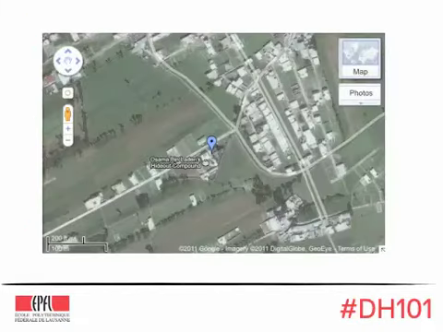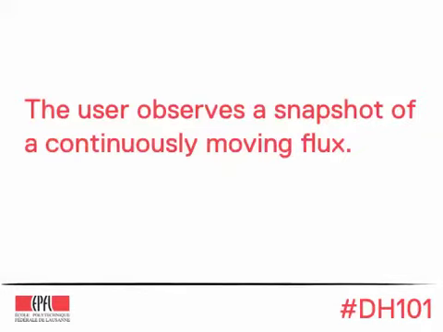An interesting example is that just a couple of minutes after Osama bin Laden's hideout was found, it was updated on Google Maps. The user observed a snapshot of a continuously moving flux.